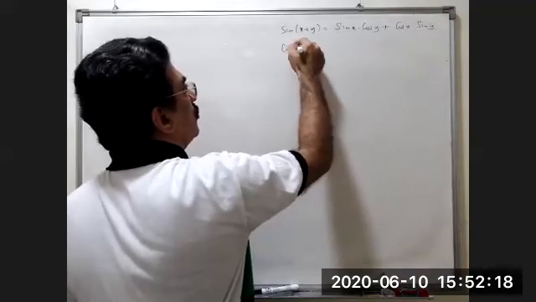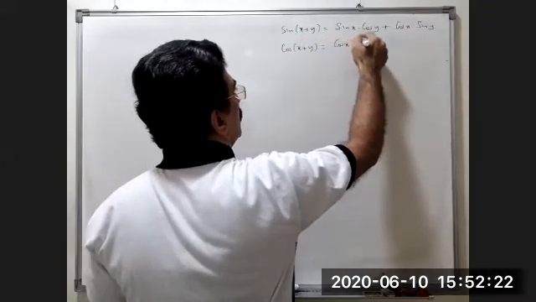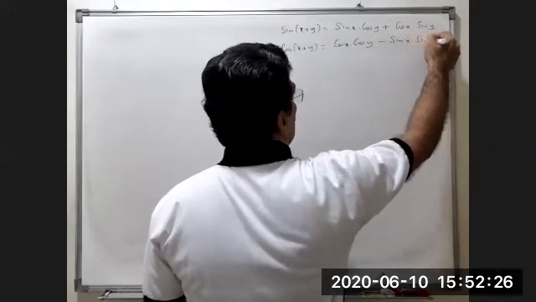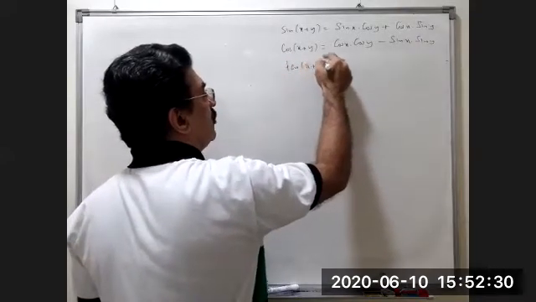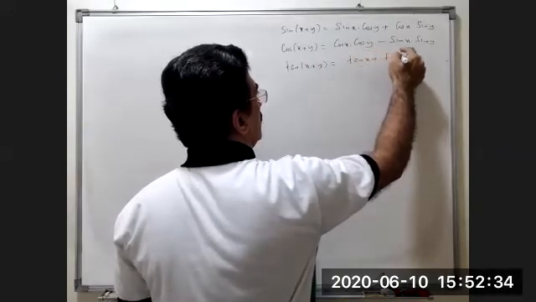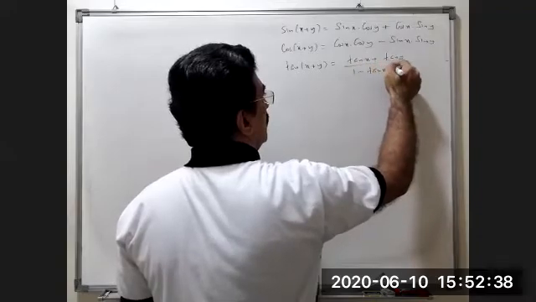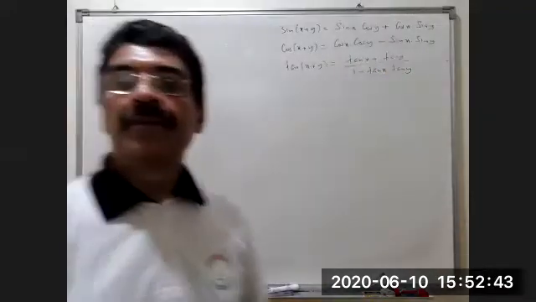Similarly, cos(x+y) is cos x cos y minus sin x sin y. Tan(x+y) is (tan x plus tan y) by (1 minus tan x tan y). These formulas we wrote yesterday.